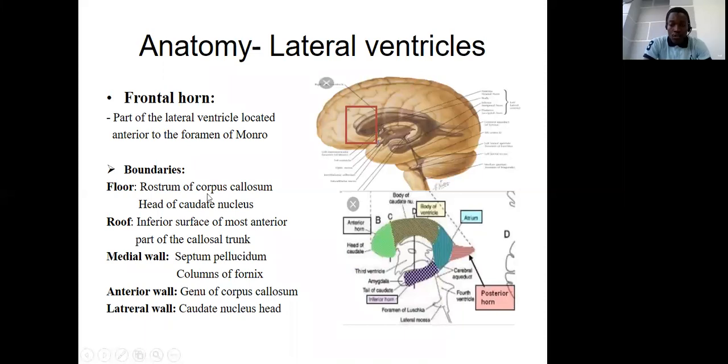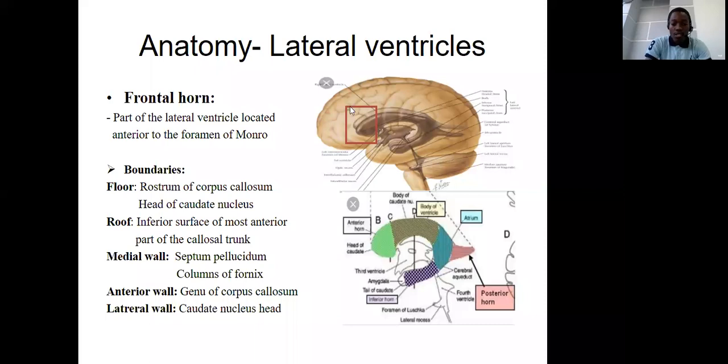The floor is demarcated by the rostrum of the corpus callosum and the head of the caudate nucleus, its roof demarcated by the inferior surface of the most anterior part of the callosal trunk. We have the medial wall of the frontal horn, which is delimited by the septum pellucidum and the columns of the fornix, and the anterior wall delimited by the genu of the corpus callosum, and then the lateral wall by the caudate nucleus head.